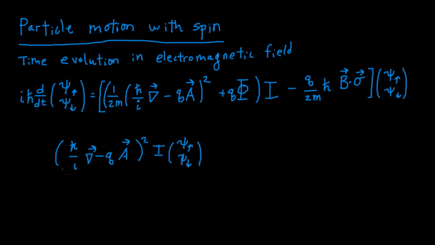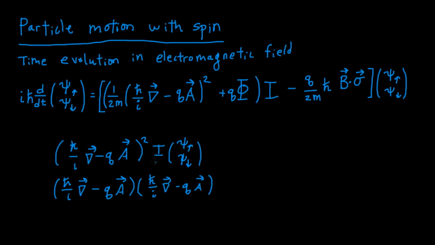So I'm going to write this out a little more fully. This is h bar over i times del minus q times A. I've written it the first time, and now I'm going to write it a second time. That's what the square is instructing me to do.